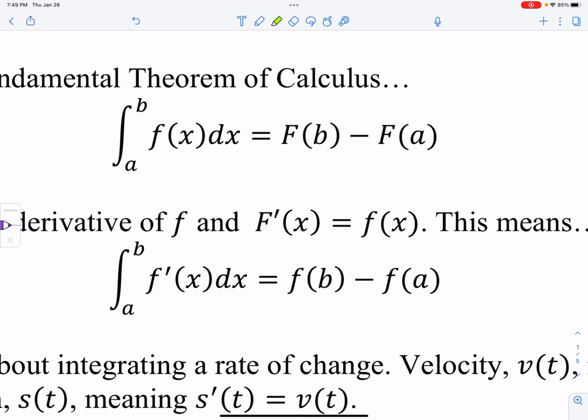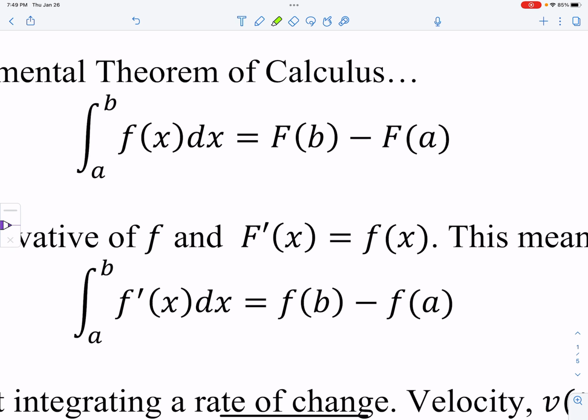So we can also rewrite the fundamental theorem of calculus using different function notation. If we integrate f prime, the antiderivative of f prime is just f. Therefore, the definite integral of f prime from a to b would be just f of b minus f of a.